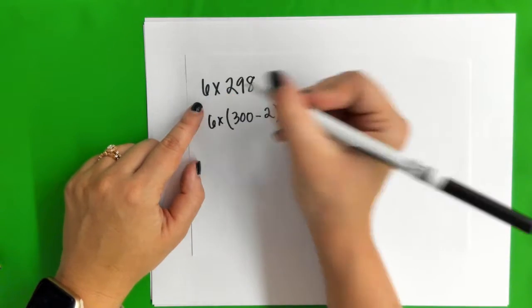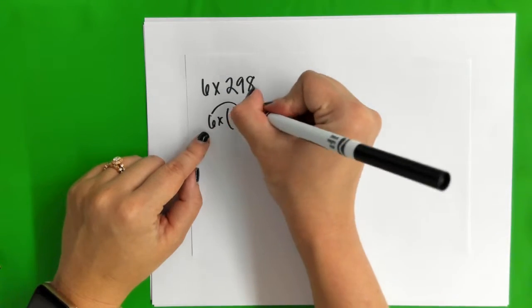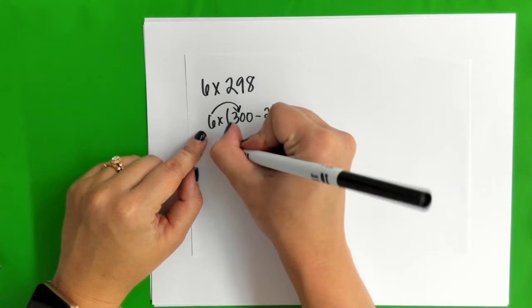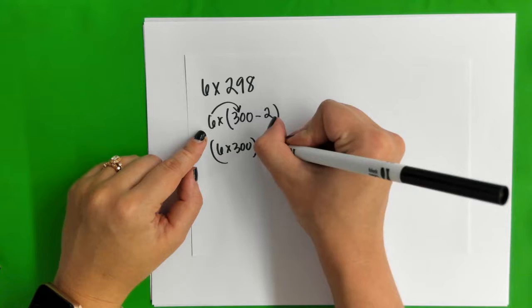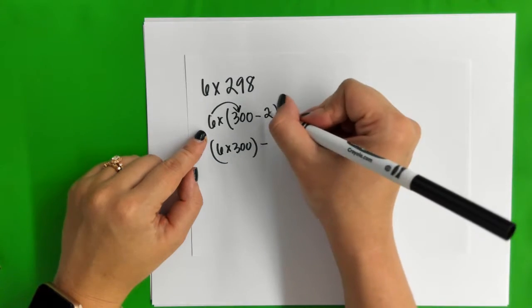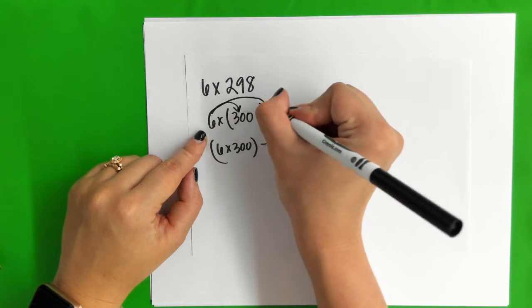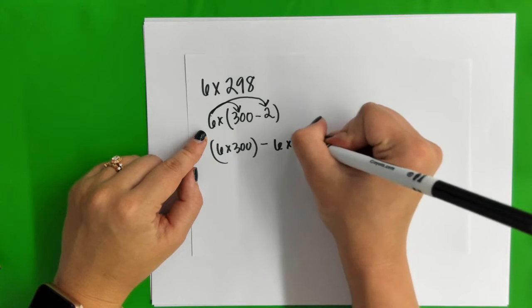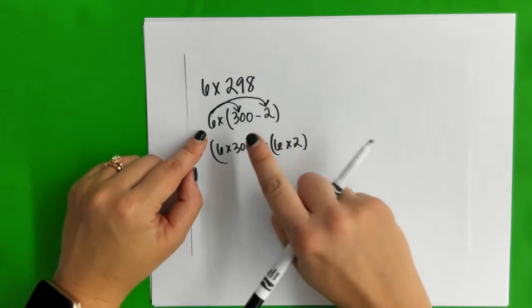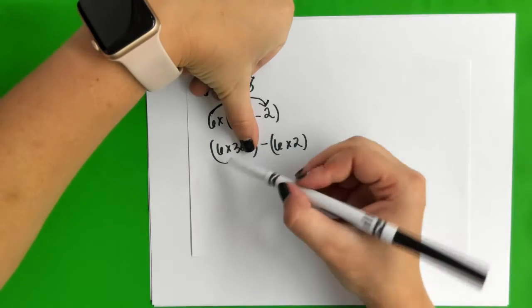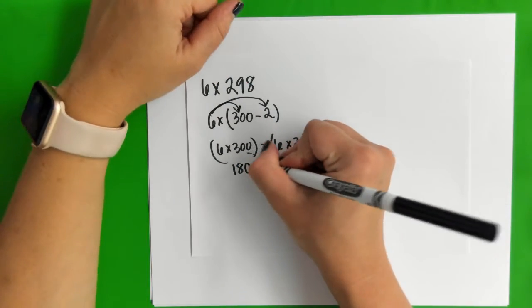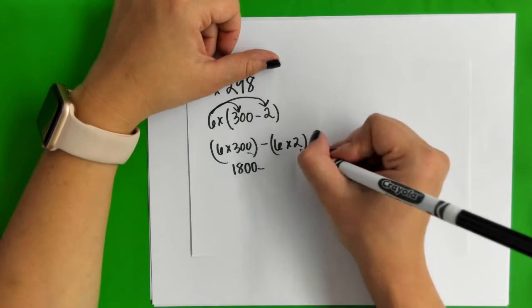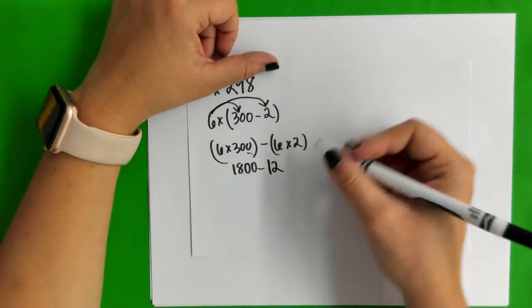Drop down my 6 times, so 6 times 300 minus 6 times 2. 6 times 3 is 18. Uncover 2 zeros, add 2 zeros, minus 6 times 2, which is 12.